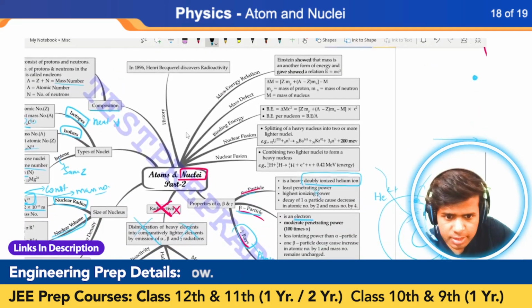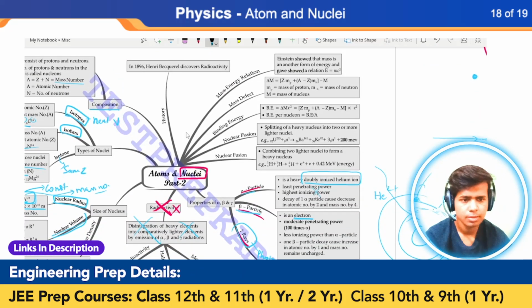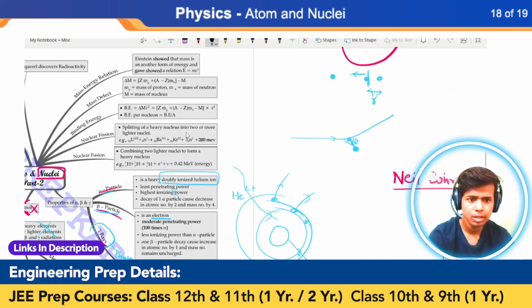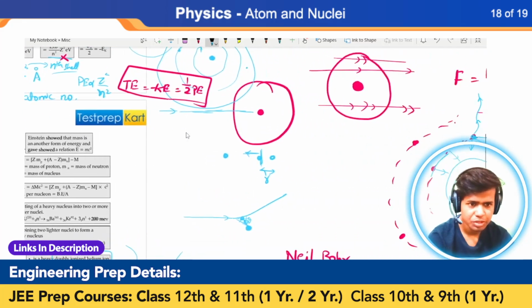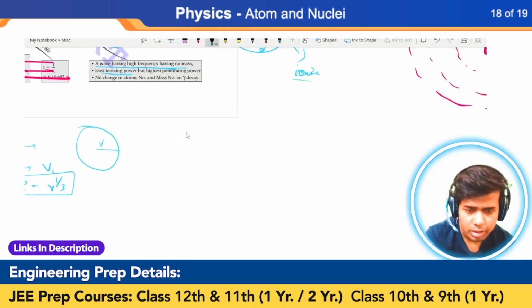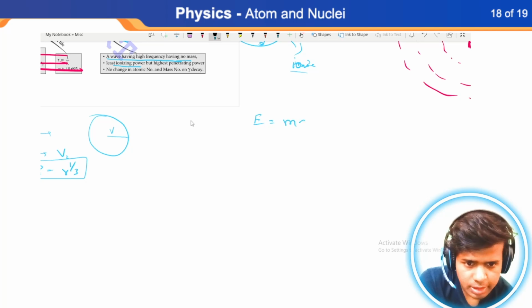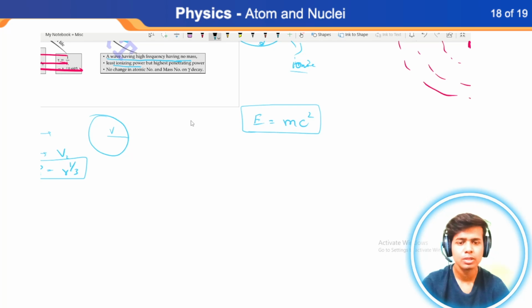All right. So this has been discussed. Now, Einstein's very famous equation, E is equal to mc square. This is the basic result of Einstein's theory of relativity.